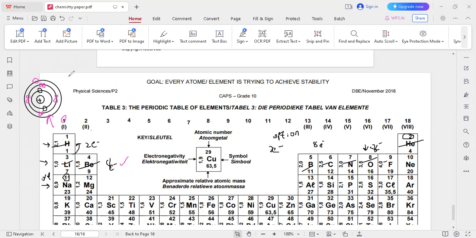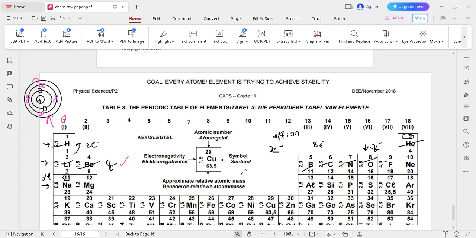What do you think it will do? It has an option. It has 1 valence electron. So is it going to give off its electron or go ahead and collect 7 more electrons? It'll collect. Yes, it's going to collect. It's going to collect from whichever thing it's bonding. Let's say it's bonding with chlorine.